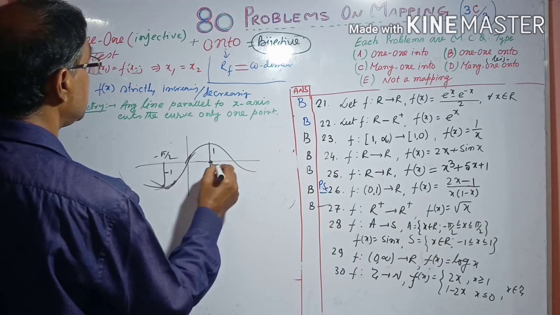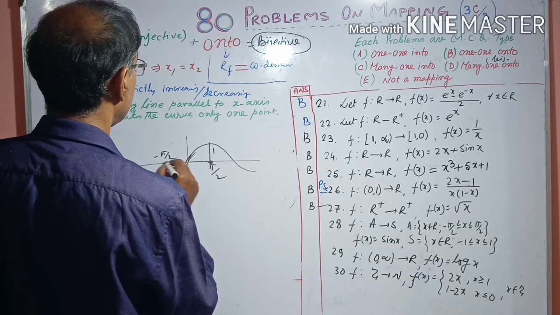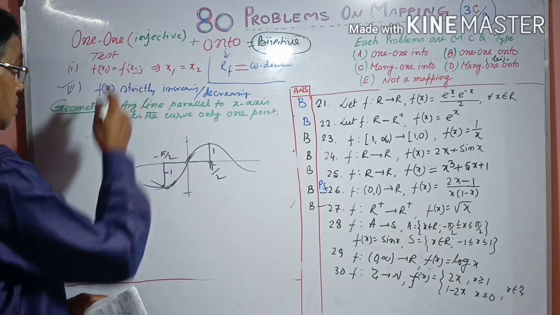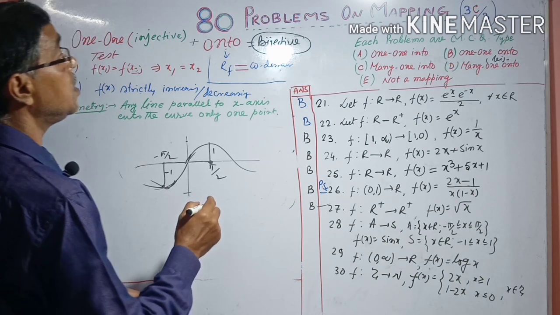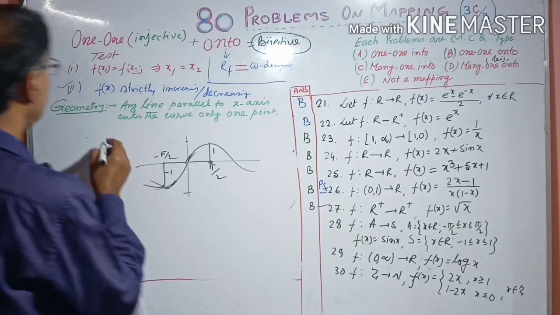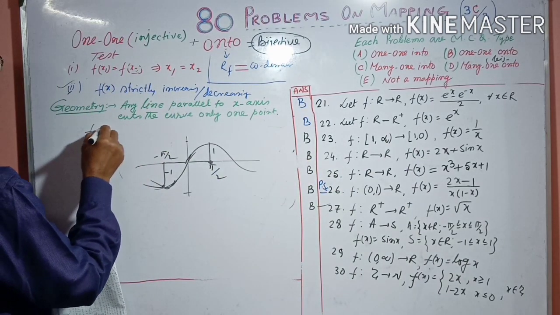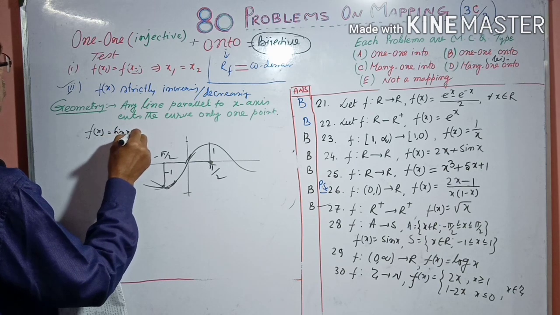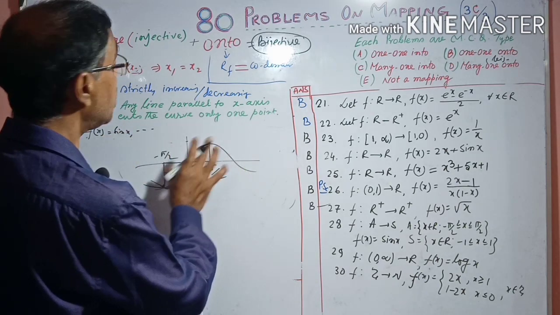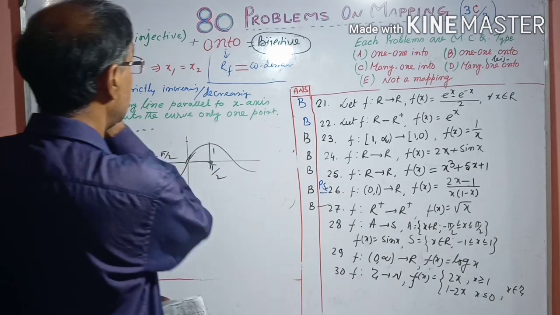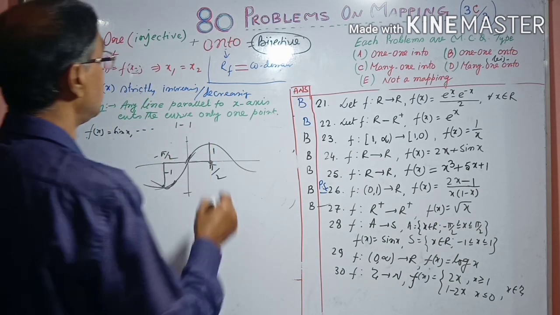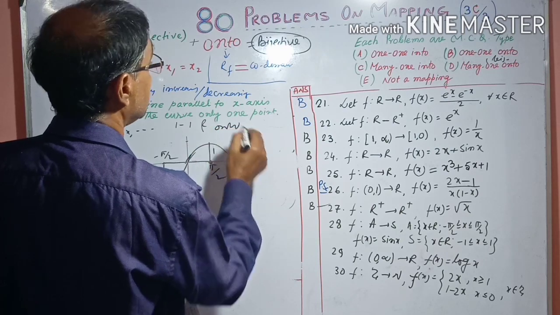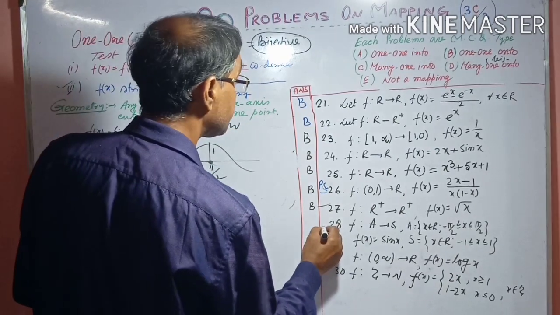So the domain is this to this, and the range is this. Or as in the previous video we can say any trigonometric function is of the form f(x) equal to sin x or cos x. This is also one-one and onto. Therefore it is also bijective.